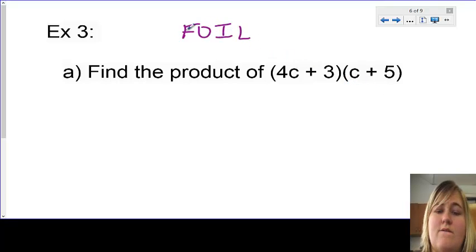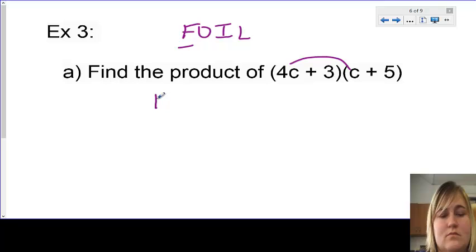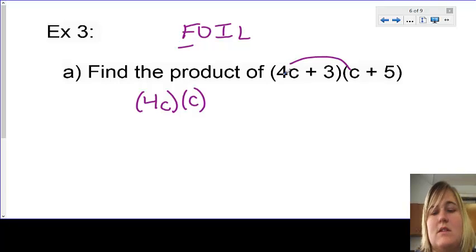And we're going to take FOIL, which is first, so first times the first. That is going to give me 4c times c. Okay? The outer means I'm going to take what's on the outside, so 4c times 5, because those are on the outside.